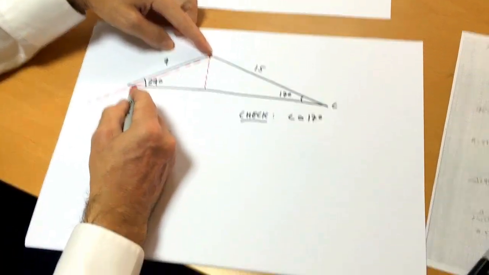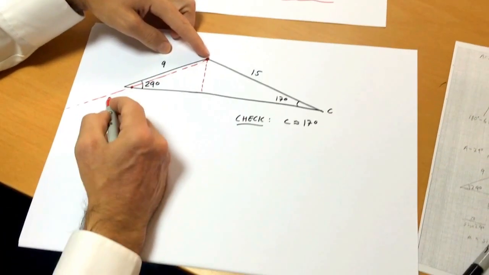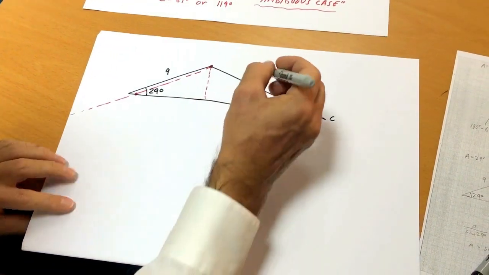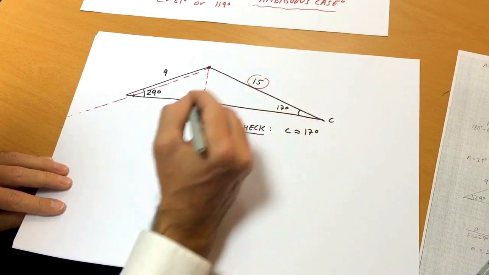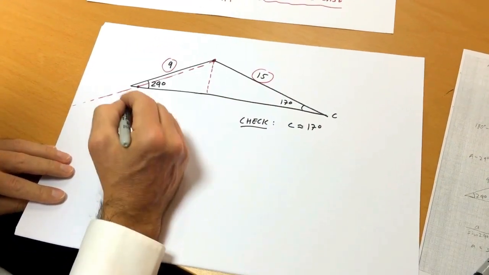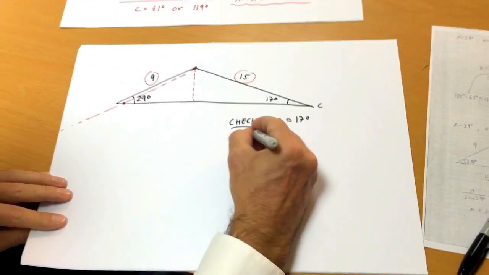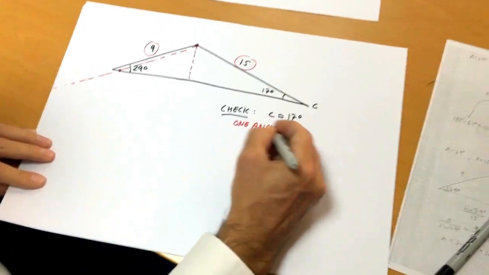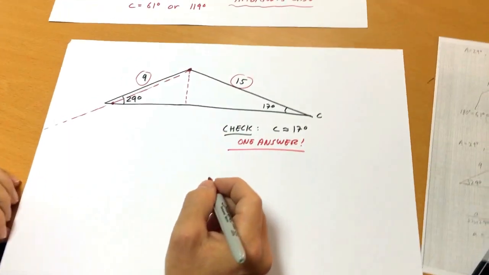It's not short enough to come down to the base to make another triangle, even though the angles will be quite extreme. So if this side length is longer than the other one that is given, then I only have one answer, and it's not ambiguous. So sometimes you will have triangles with only one answer, sometimes you will have two answers, and we expect to see both answers. Okay, thank you. Bye.